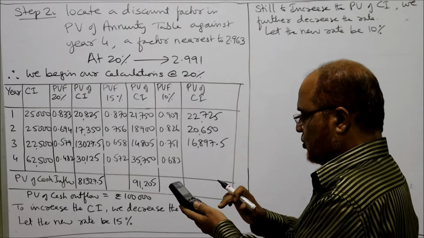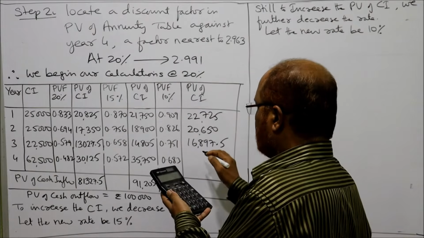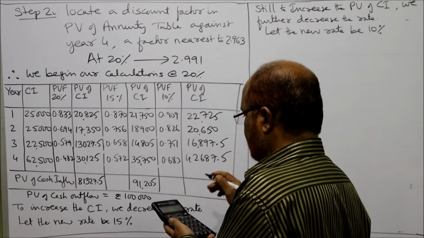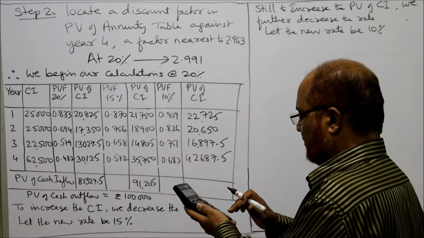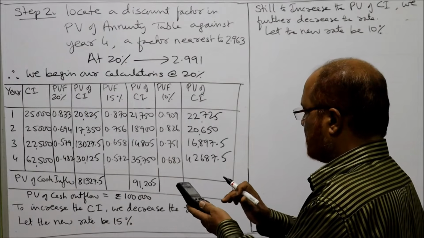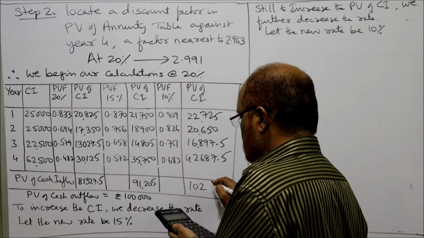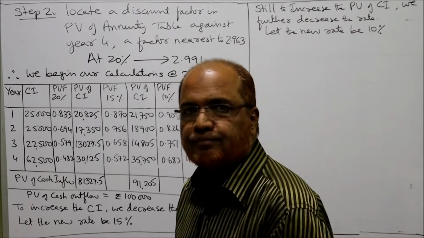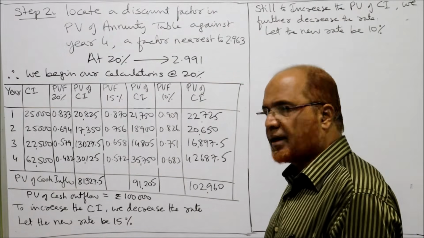62,500 into 0.683, 42,687.5 plus 16,897.5 plus 20,650 plus 22,725, 1,02,960. That's it. Right?